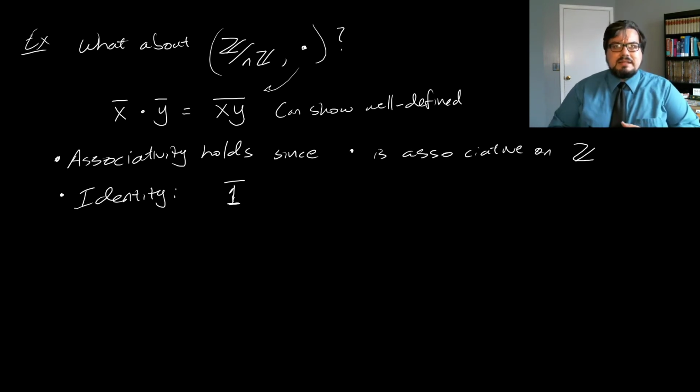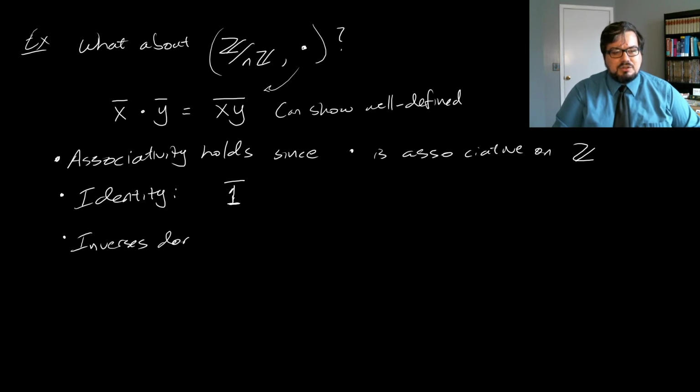And Z did have a multiplicative identity, but you'll remember that we had a problem with inverses before. And we're going to have an issue with inverses here. So inverses don't always occur.